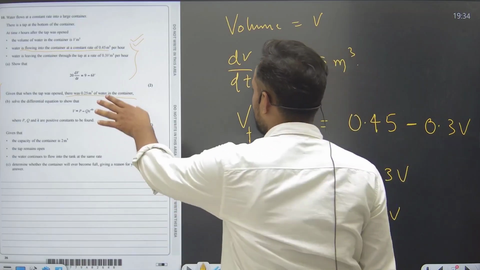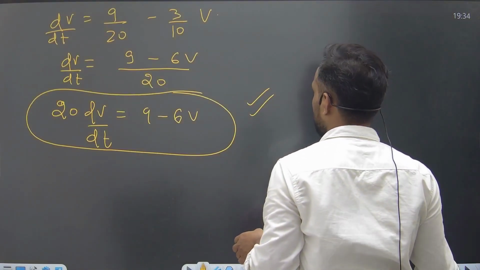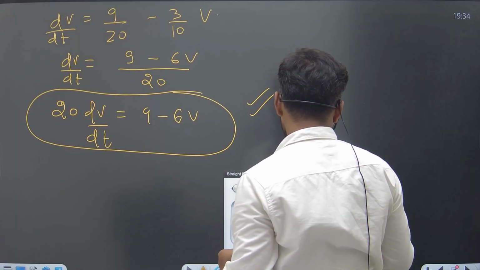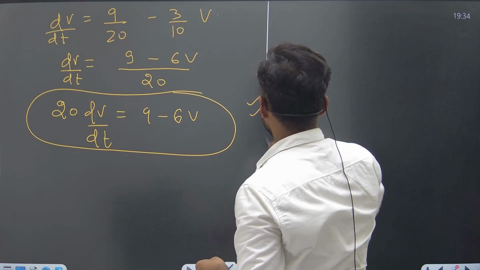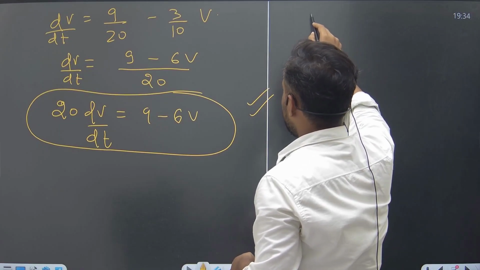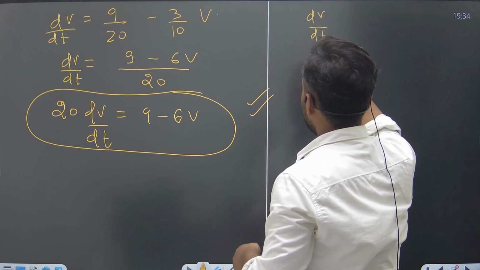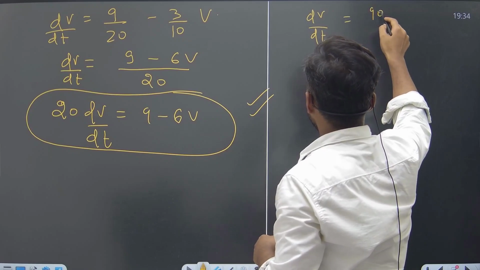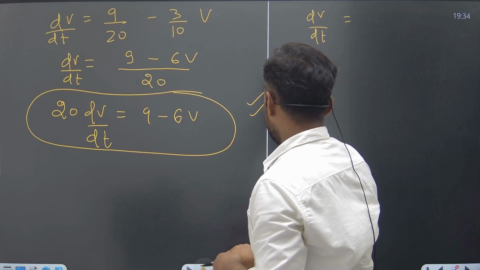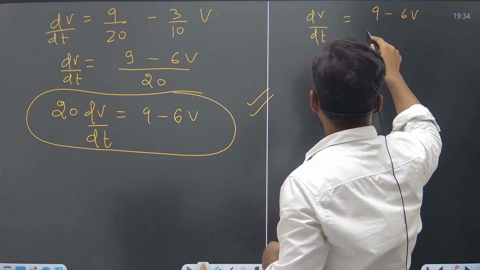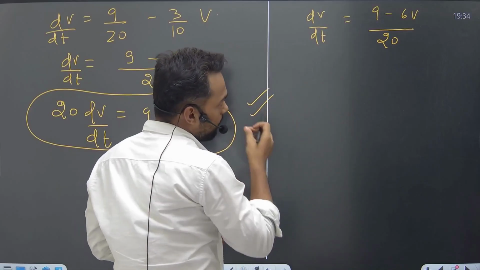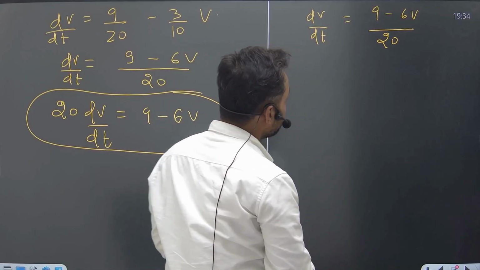Okay, let's do it. We have got our original expression, students. dV by dt can be written as 9 minus 6V upon 20. So we are applying the differential equation formula here.